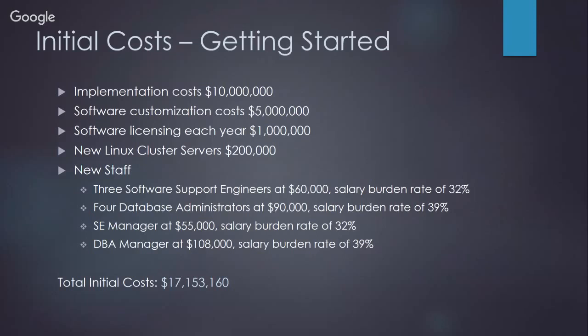And so with this new staff set up with the software support engineers, database administrators, and the managers corresponding with those groups, we will also see that it may be an initial cost to get going, because usually they're hired about 6 months before actual release of the software. But the staff that we're cutting would actually offset this tremendously, and we'd be saving a lot of money each month.